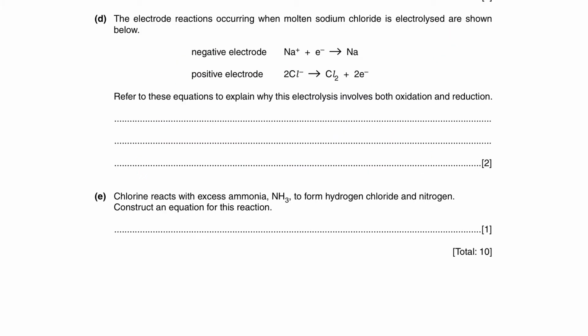Refer to these equations to explain why electrolysis involves both oxidation and reduction. At the negative electrode, what's going on? Electrons are being gained by sodium. Reduction is gain of electrons. So at the negative electrode, you can say reduction is taking place.